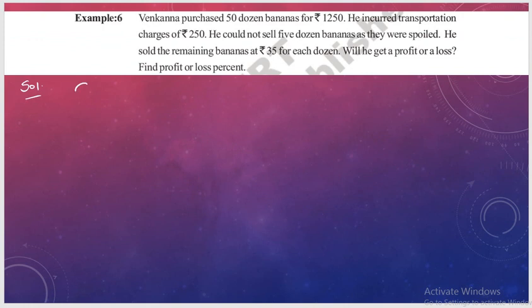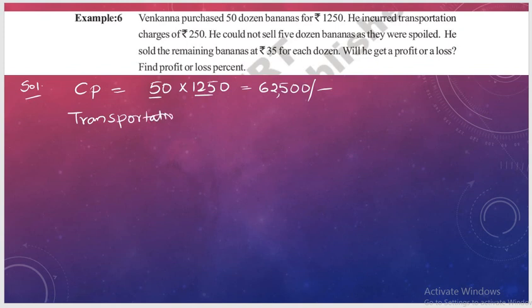Now first of all we need to find out the overall cost price. So what is the cost price? 50 into 1250. 125 is how much? 625, followed by 2 zeros. So this is nothing but the cost that he has spent purchasing the bananas. But including that we have a transportation charge, right? The transportation charge is equal to 250 rupees.